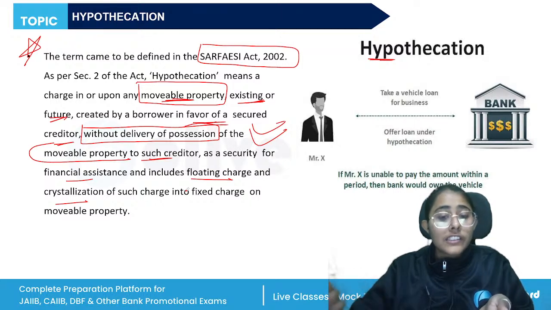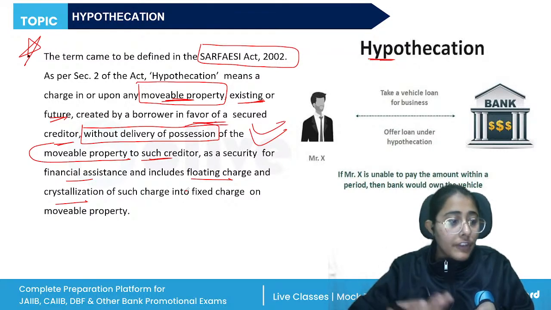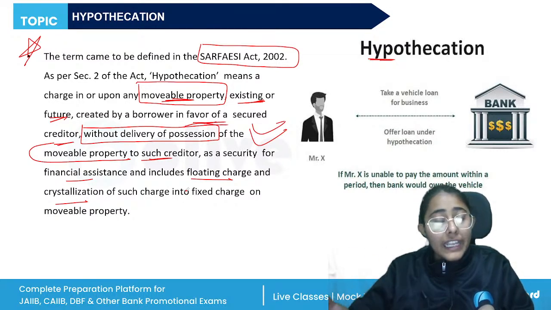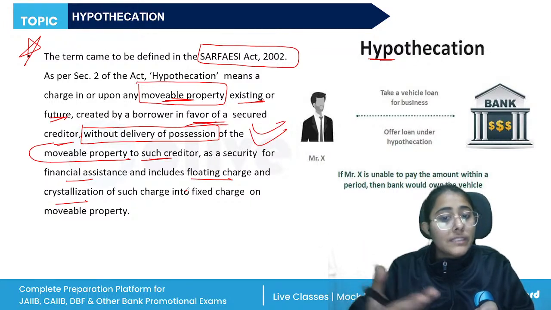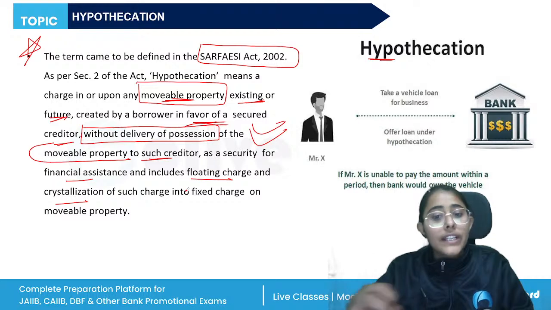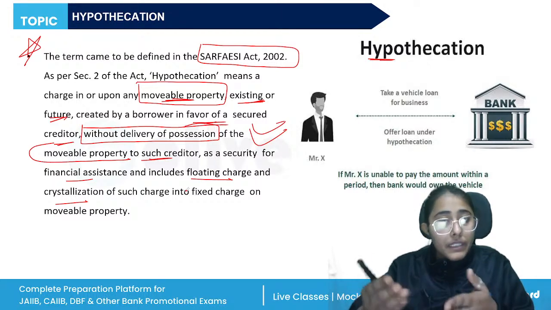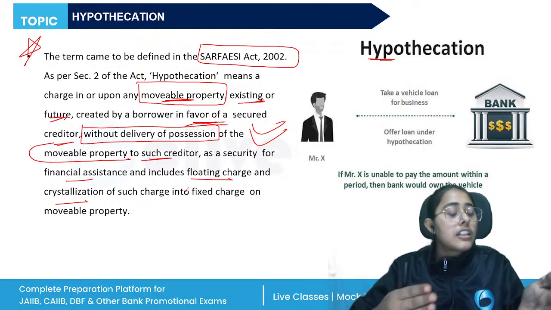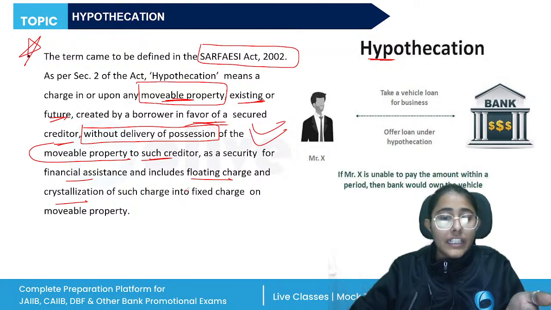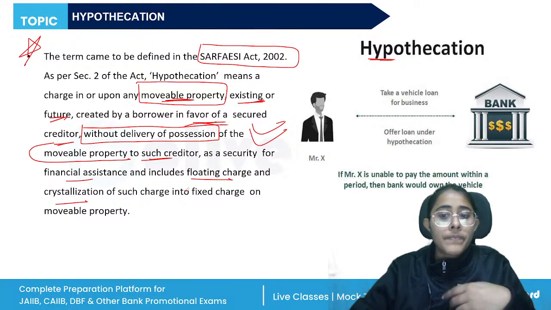So there is no transfer of property. That is why this hypothecation facility is limited only to respectable customers, because it is only an equitable charge without any possession. So if a question is asked in which type of charge the facility is limited to respectable customers, we know it is hypothecation. Why? Because it involves only an equitable charge being created without any transfer of possession.